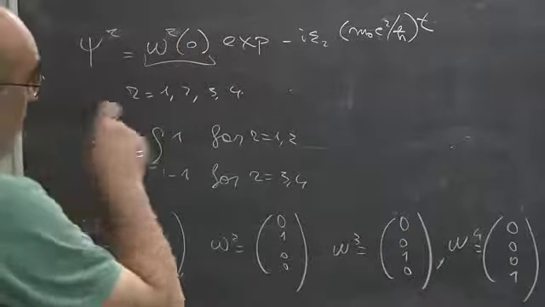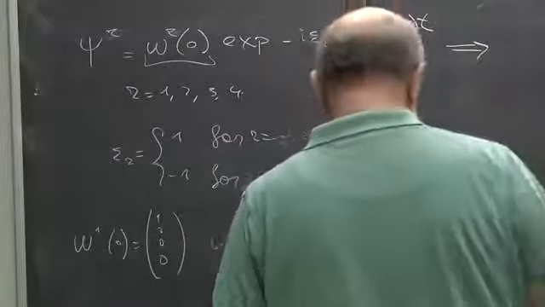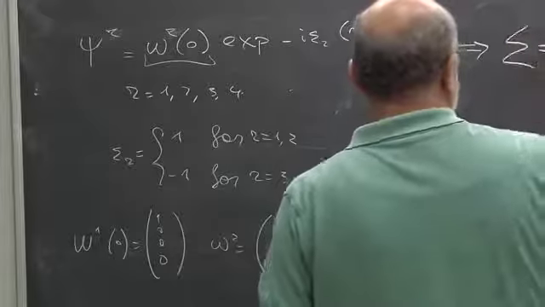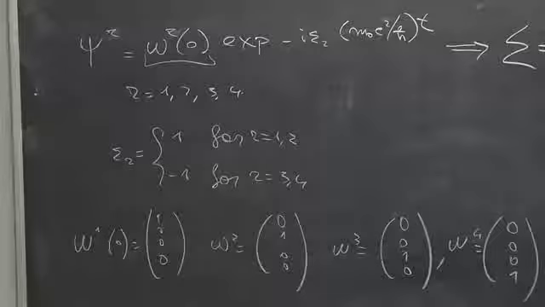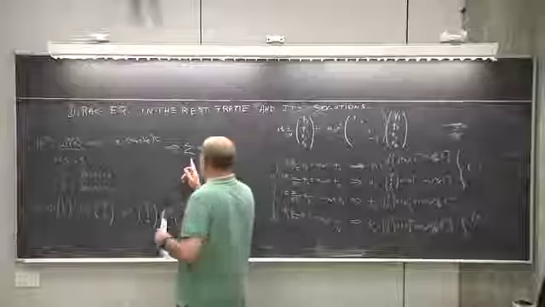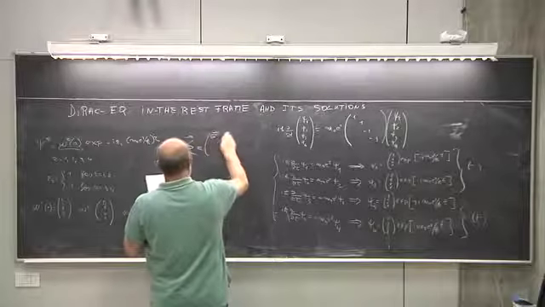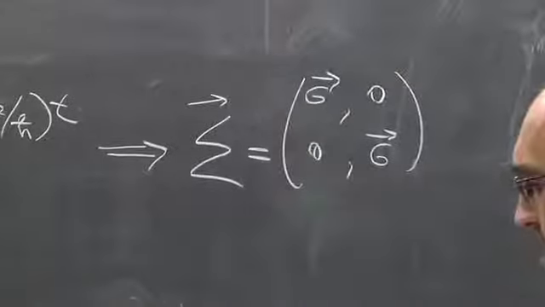Okay. Now, this solution also has a nice feature. If you remember, we had generalized the concept of helicity. That was sigma, and sigma is a vector of 4x4 matrices, with the sigma matrix defined in this manner.